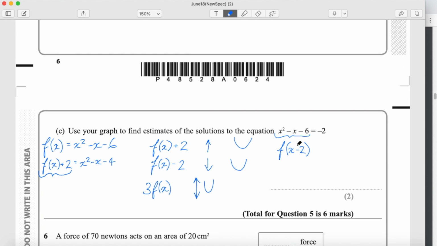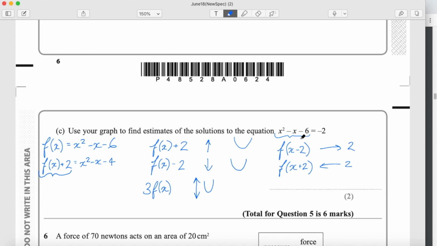Now this is a shift in the x direction, however it happens in the opposite sense when it's inside the bracket. So inside the brackets, minus 2, we would think left being minus, but it's actually to the right, because it's inside the bracket, it's the opposite. So that's shifting to the right by 2 units. And similarly, f of x plus 2 would be to the left by 2 units.